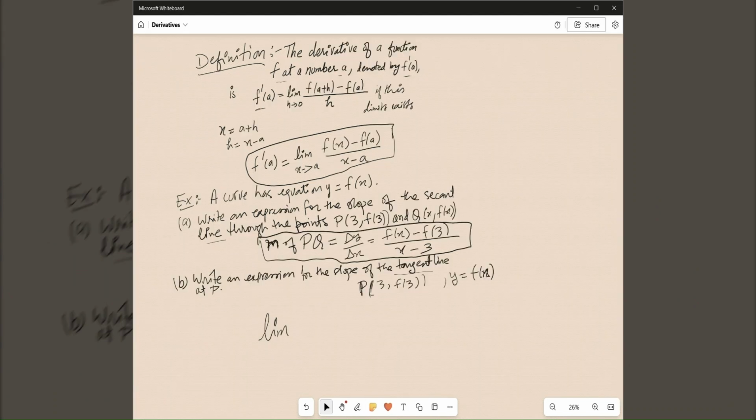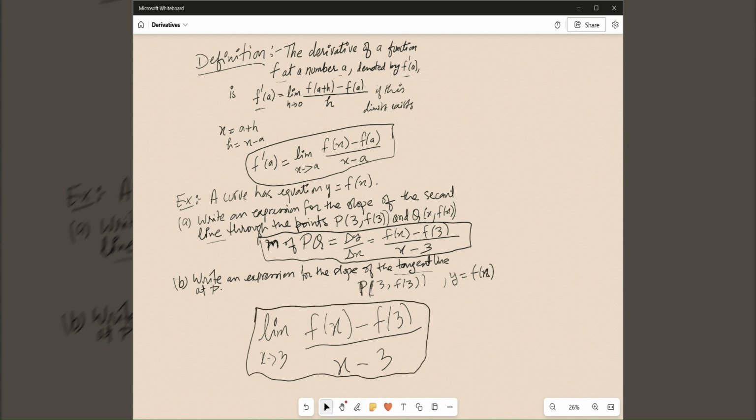So limit as x approaches 3 of f of x minus f of a, which is f of 3, divided by x minus a, which as x approaches 3 is 3. So here is the expression, the derivative, to find the slope of the tangent line.